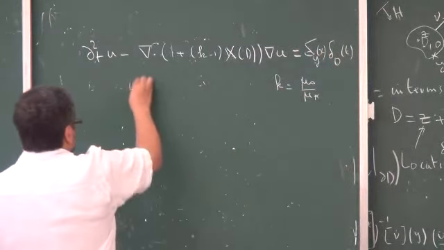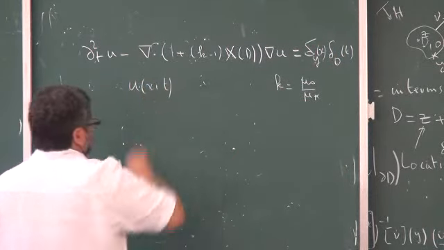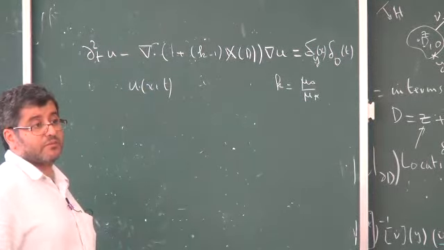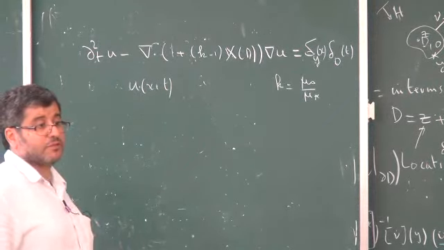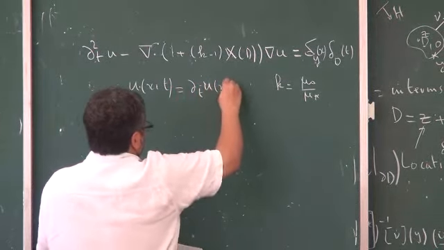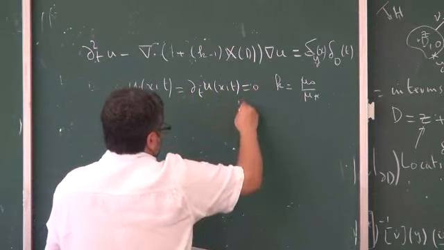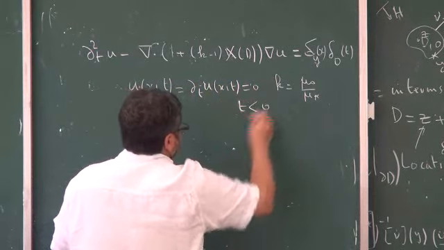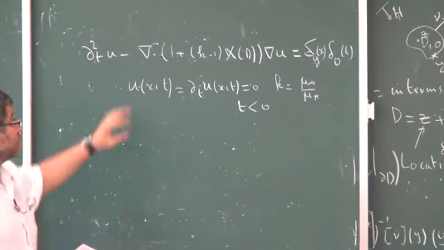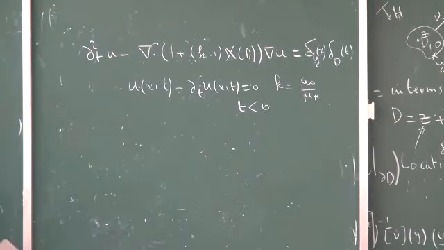It's a function of t and x, and it's 0 before time t equals 0. It's causal, it's a physical solution, everywhere in x. So this is the wave emitted from here at t equals 0.